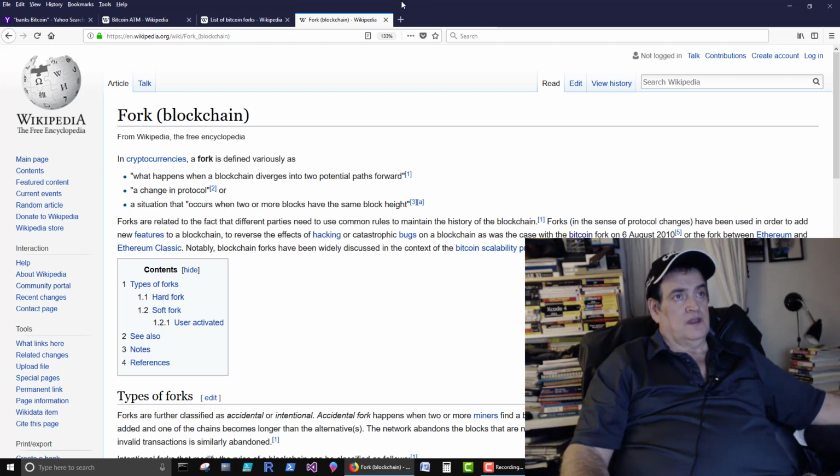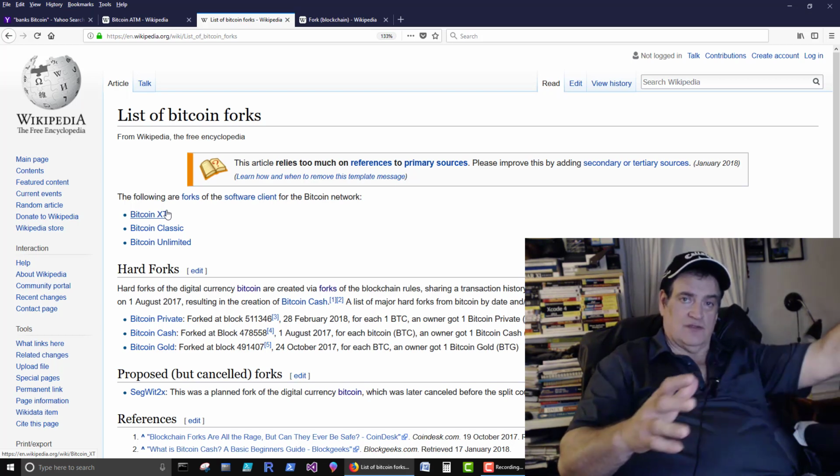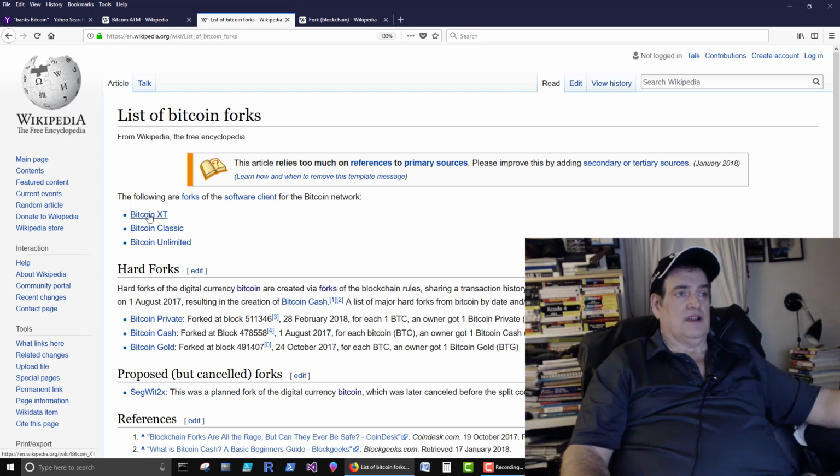So here, for some reason, regular Bitcoin, there was something about it that Bitcoin XT wanted to do differently. So they used regular Bitcoin but then forked off of it. So they created a second one. That would be Bitcoin XT. And then it forked again to Bitcoin Classic, Bitcoin Unlimited. Forks are actually real common in the cryptocurrencies.